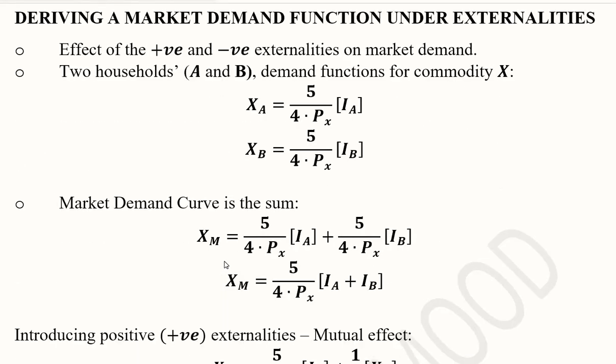So this is how we can derive a market demand curve under externalities generally speaking, but in this case the externalities that we refer to were the mutual effect externalities that reinforce consequently in a favorable way, or they can reduce in an unfavorable way and lead to positive and negative externalities respectively. Thank you.